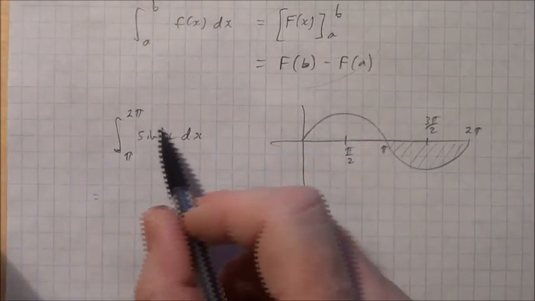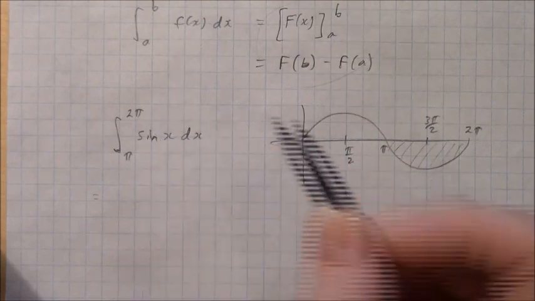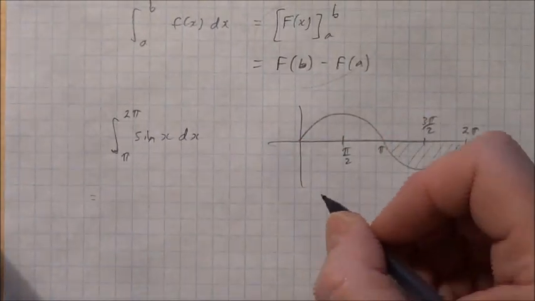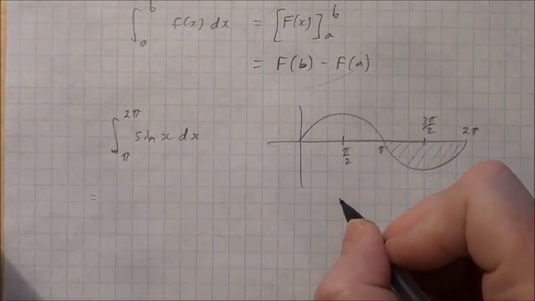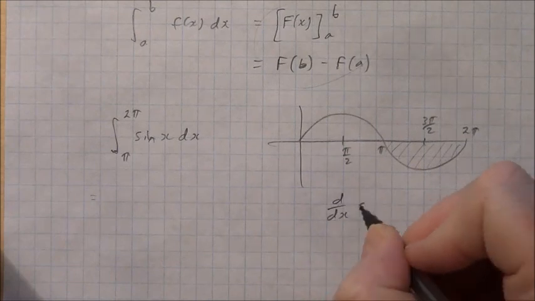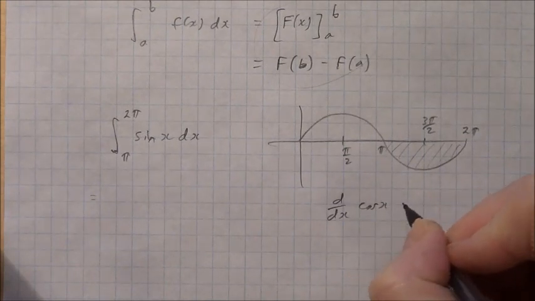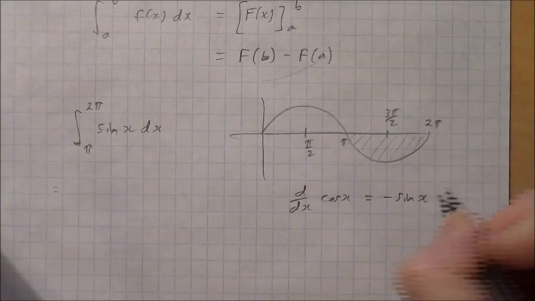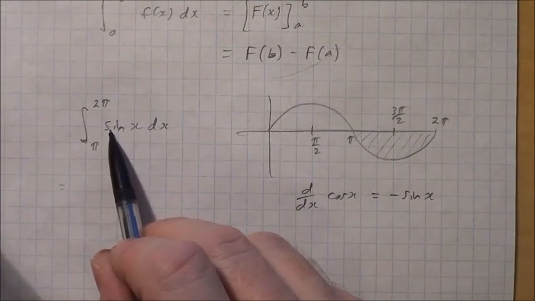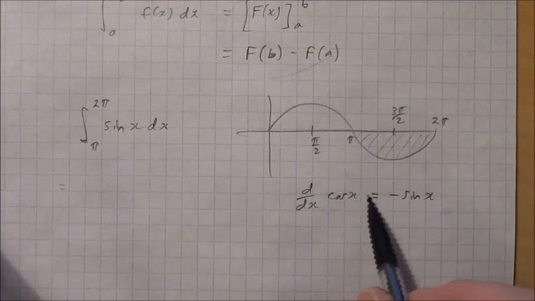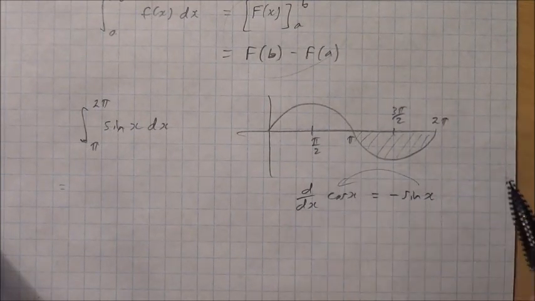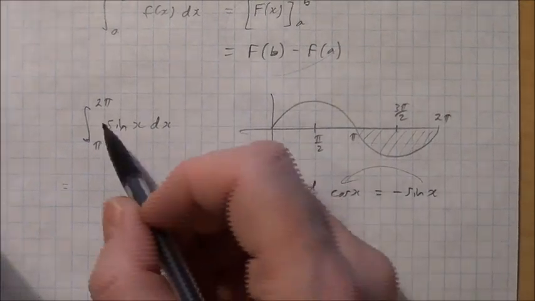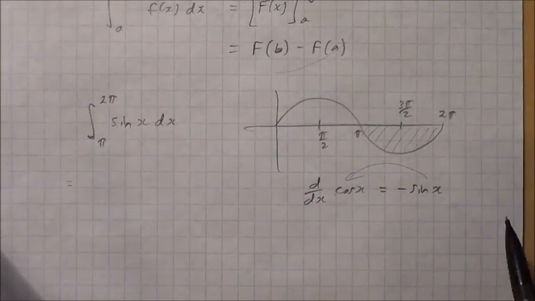Okay, so we take the integral of this. Well, remember that if you take the derivative of cosine x, that gives us negative sine x. Well, this is positive sine x, so when we go back to get the antiderivative, we have to include a negative with the cosine.